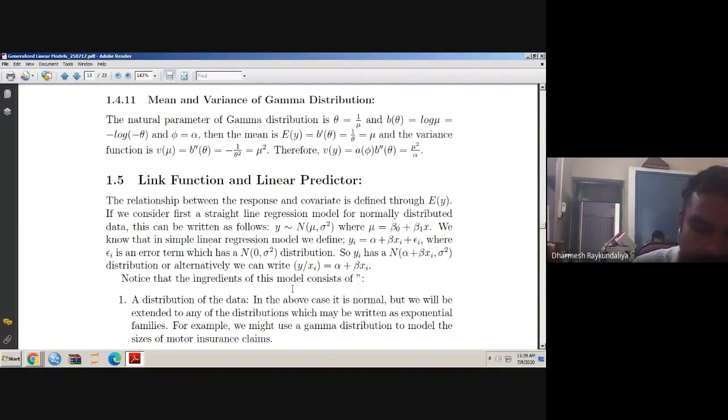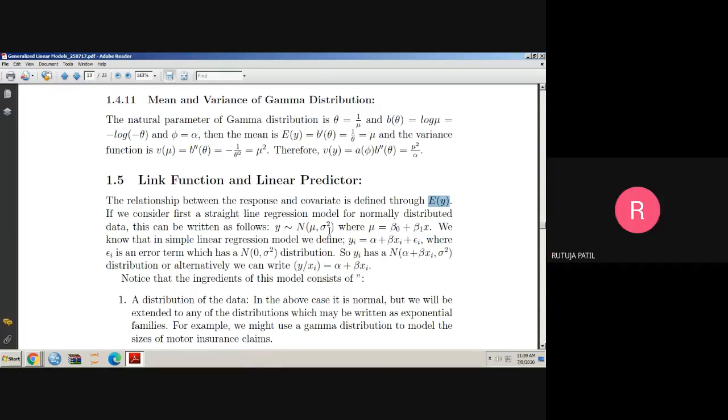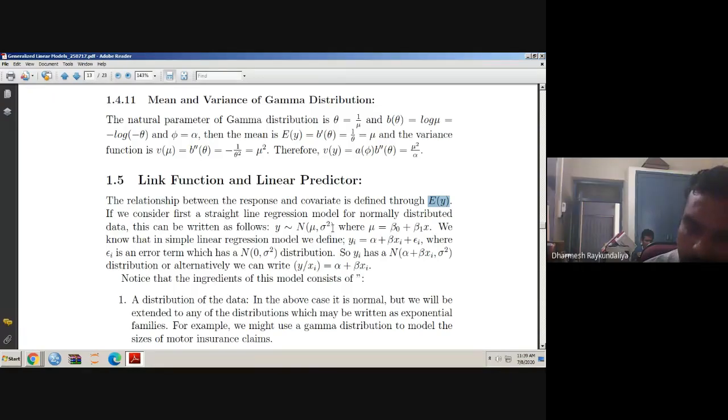So if we write the expected value of y, what do we get? Beta 0 plus beta 1 x. So the same thing is written here. The relationship between the response and covariate is defined through the expected value of y. If we consider the straight line regression model for normally distributed data, this can be written as y follows normal with mean mu and variance sigma square.